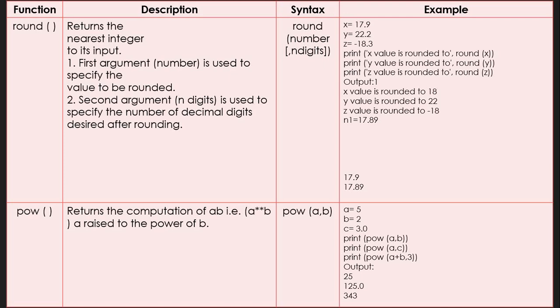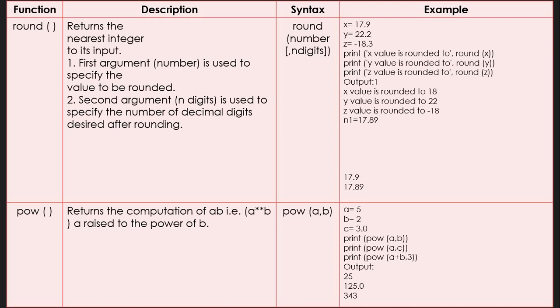Now look at that example on screen again. n1 is equal to 17.89. For the first print, it says n1 comma 0. That means you don't want any decimal digit after the decimal point, so it prints 18.0.